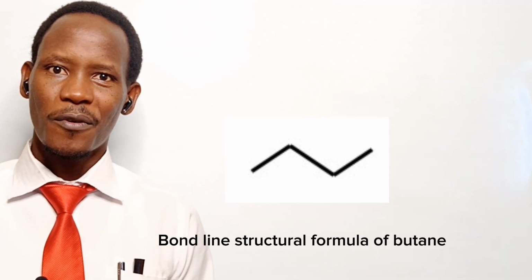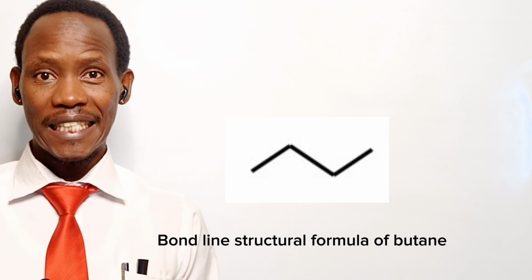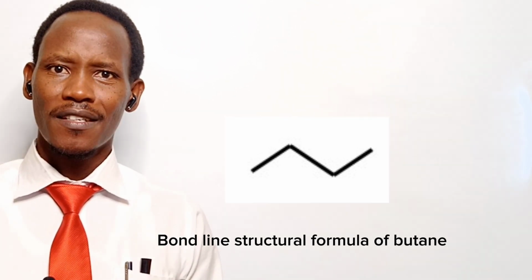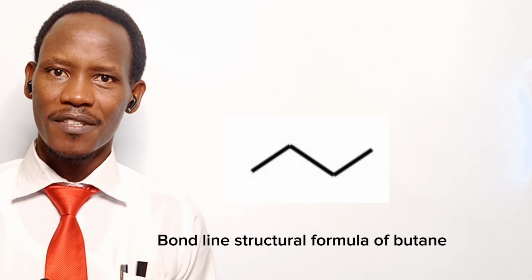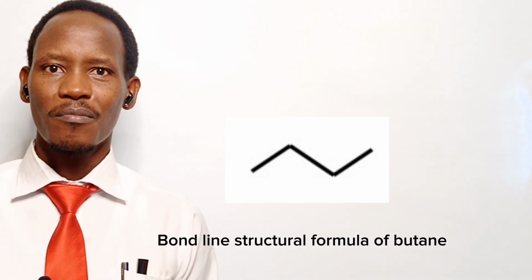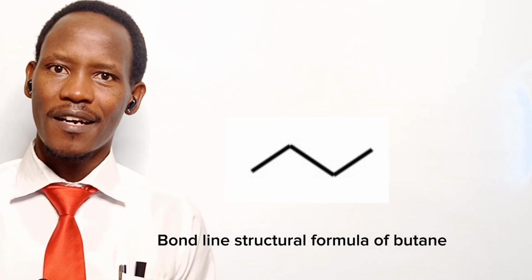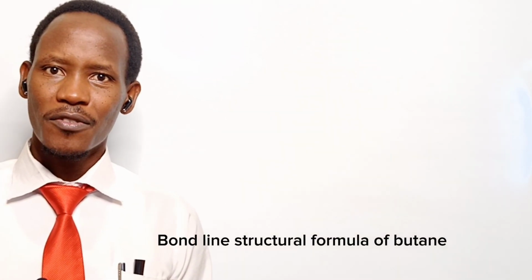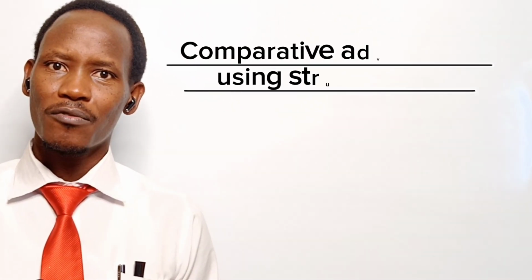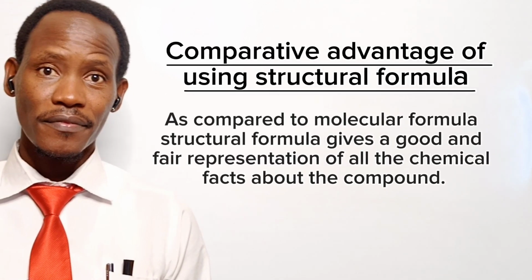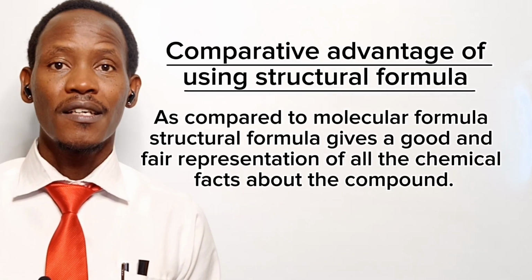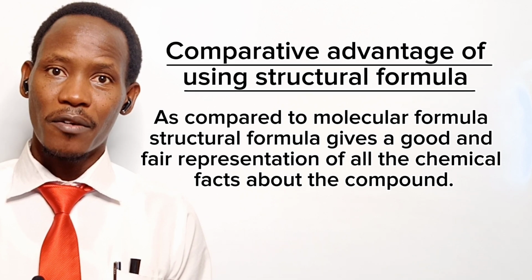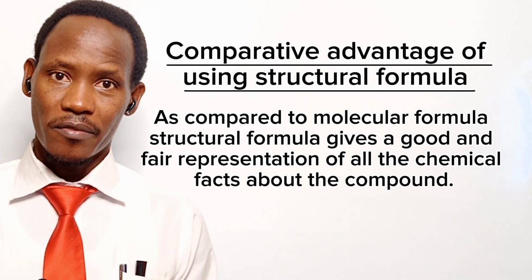The only disadvantage that I see with my experience is that using structure formula to represent a compound is a little bit long and cumbersome. However, the advantage of using structure formula outweighs its disadvantage in the fact that it gives you all the ideas about the given compound.